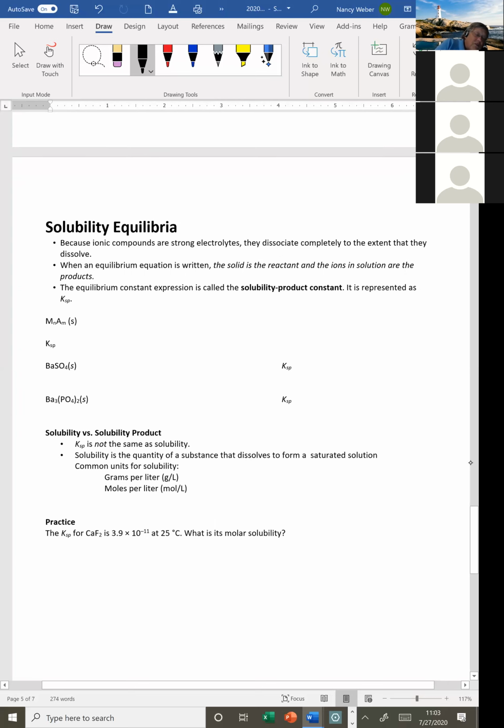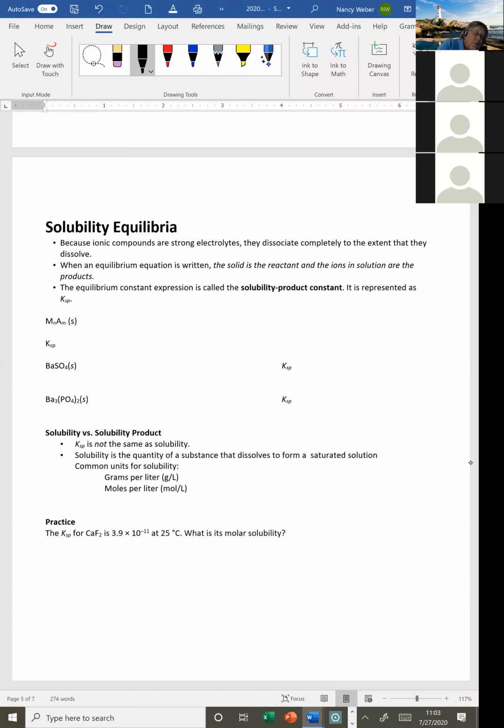So a strong electrolyte dissociates completely. A weak electrolyte has minimal dissociation, but we can still write an equilibrium for it. And we can calculate the equilibrium constant.